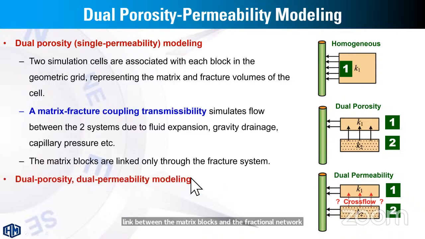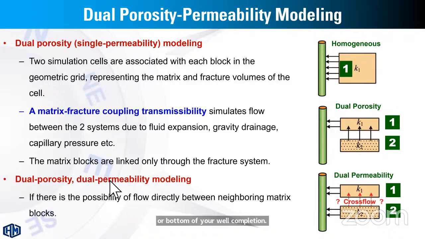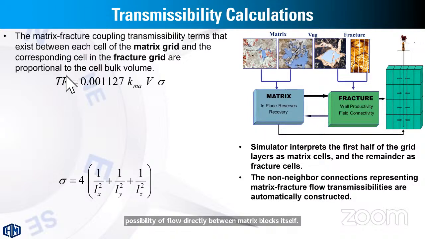As mentioned before, the matrix blocks are linked only through the fracture system, which means no direct communication between matrix blocks and the wellbore or bottom of your well completion. Meanwhile, in dual porosity, dual permeability, we have the possibility of flow directly between matrix blocks themselves.